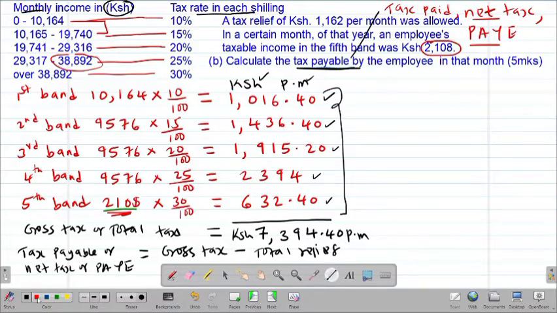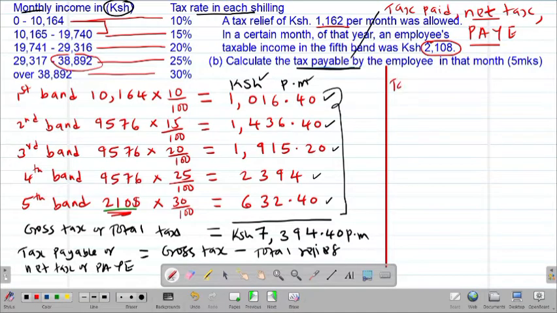Of course, in this particular question, we are only given one relief. Therefore, our total relief will just be the relief provided in the question. So we are given a tax relief, which was equivalent to 1164.